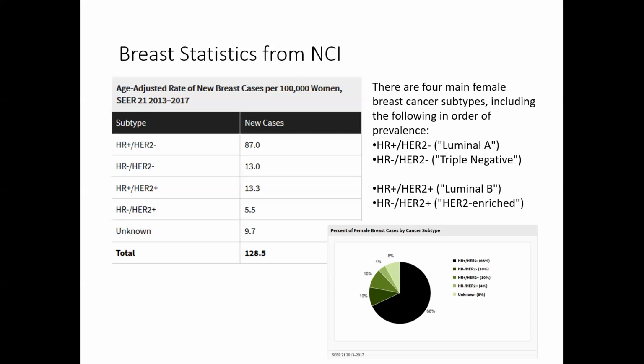The other terms you might see are luminal A or luminal B. Triple negative is another term they use when all three of those are negative, or HER2 enriched if you have a HER2 positive. So you might be seeing these terms in your record.